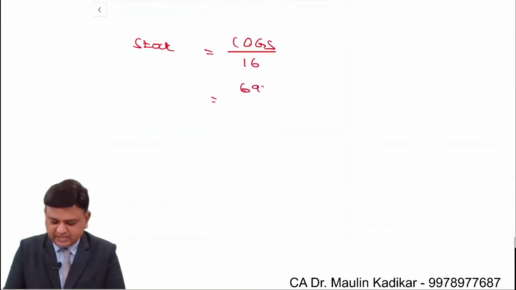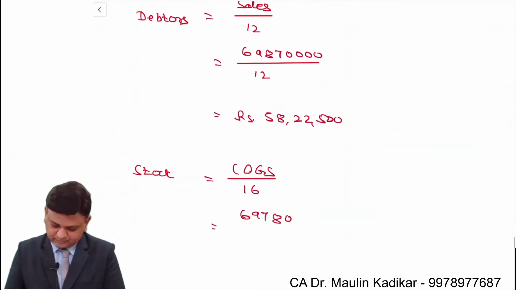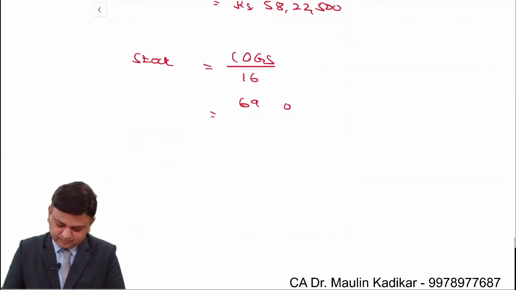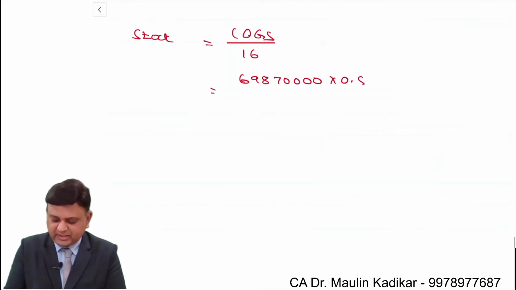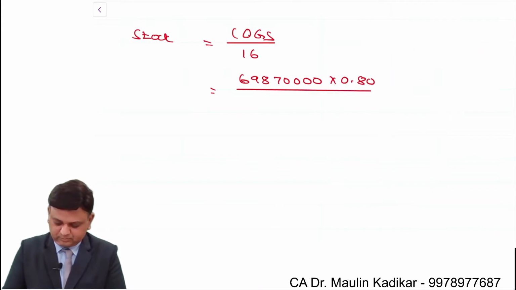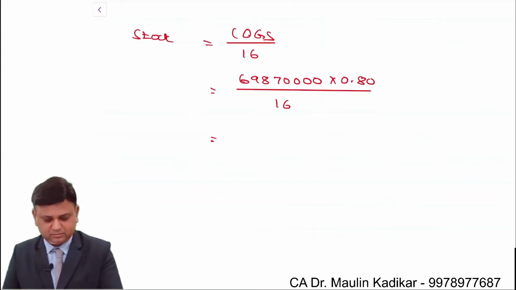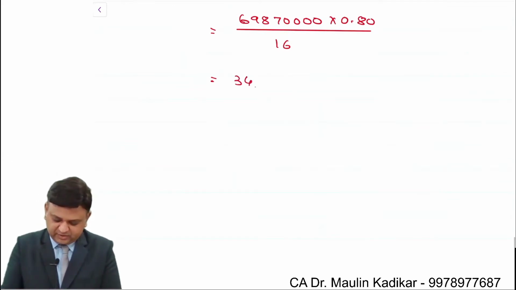So 6 crore 98 lakhs 70,000 into 0.8 upon 16, which is 34 lakh 93,500.